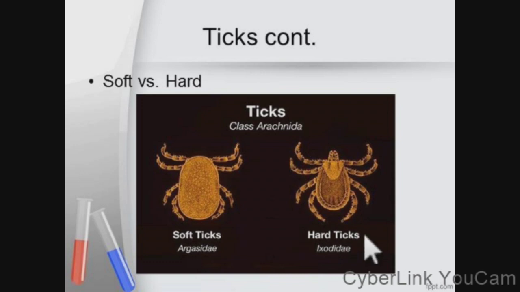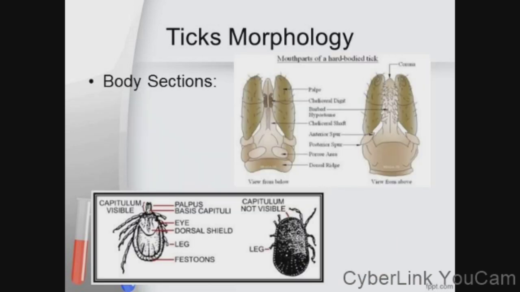Their body parts: the anterior capitulum, this one, you can see it, it's like a mouth, which contains the head and mouth parts, and the posterior idiosoma, which contains the legs, digestive tract, and reproductive organs.